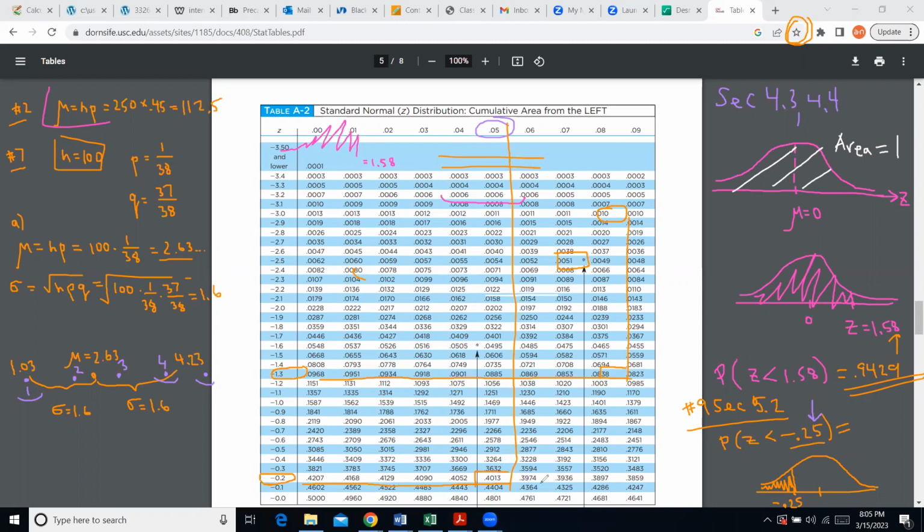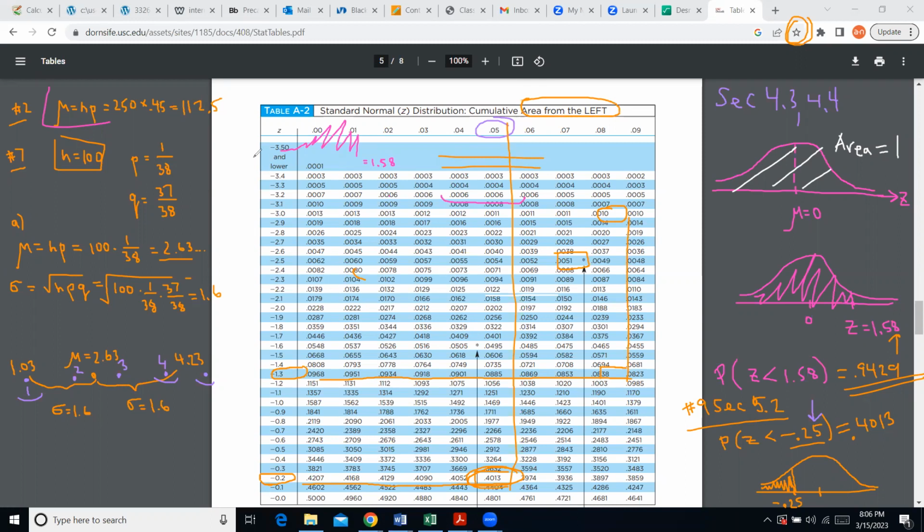It's 0.4013, you see? It's right where they meet, the row and the column, so they intersect at that particular value. And it's always going to be the area from the number to the left.